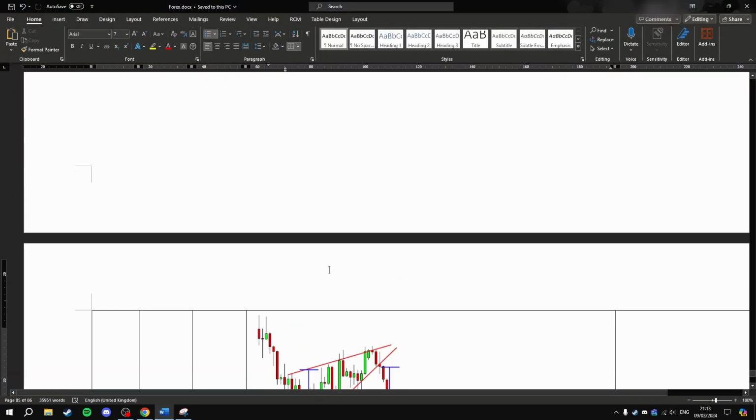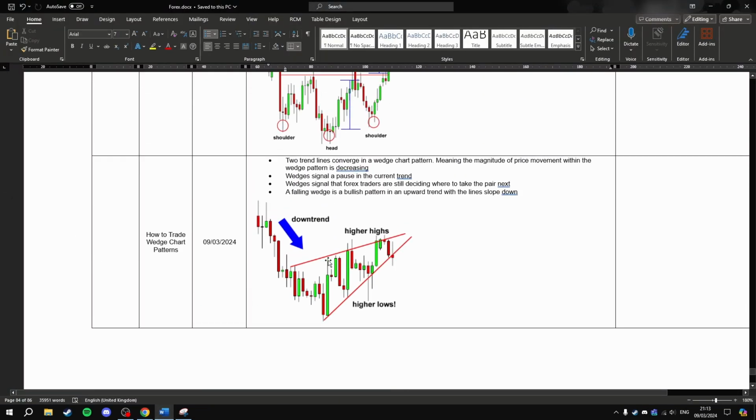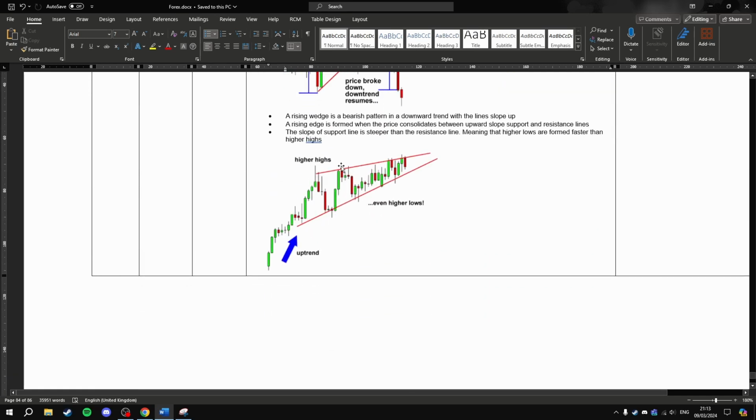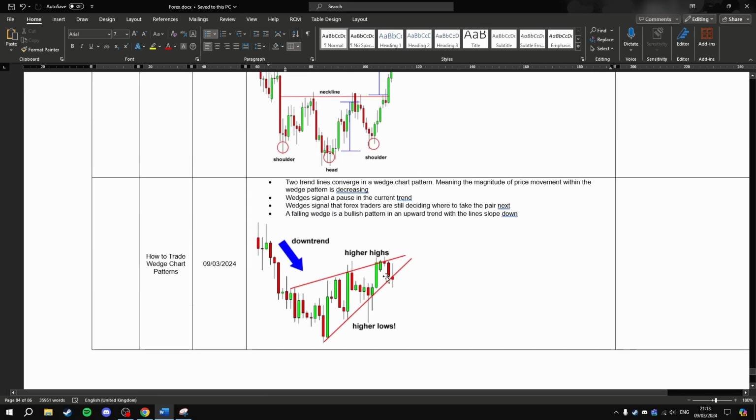Oh wait, this is still the rising wedge, but it's just for a different scenario, either going uptrend or downtrend.